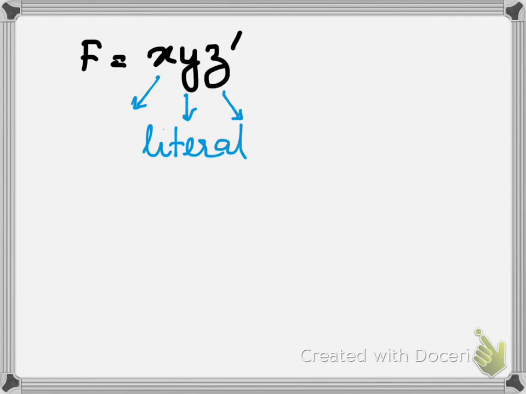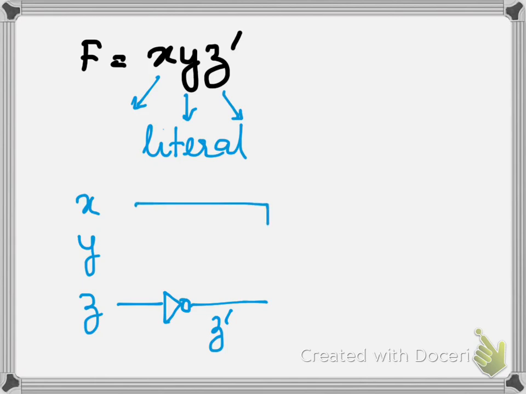So one way of representing this would be, as I said, each of these 3 literals will be input to the gate. So I have x, y and z. Now z has to be complemented, so for that we pass it through the NOT gate, which is the inverter. So z goes as input, and what comes out here is z dash. Then x, y and z dash, the operator among them is the AND operator.